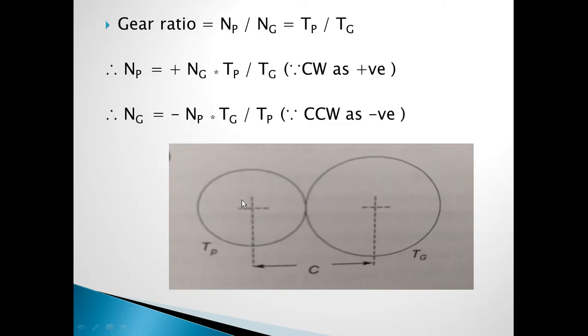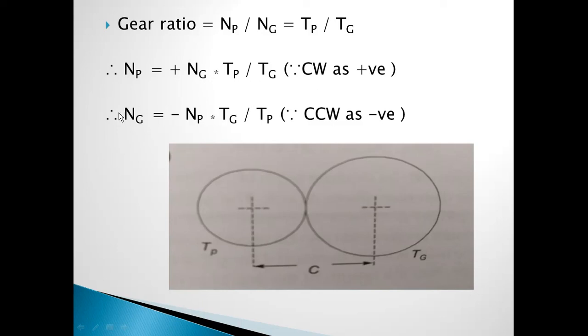For my reference, clockwise is considered mathematically as a positive sign and counterclockwise as a negative sign. The speed of the pinion will be equal to Ng, the speed of gear, into Tg by Tp, the ratio of the number of teeth, with a positive sign because I have considered that the pinion is rotating clockwise.